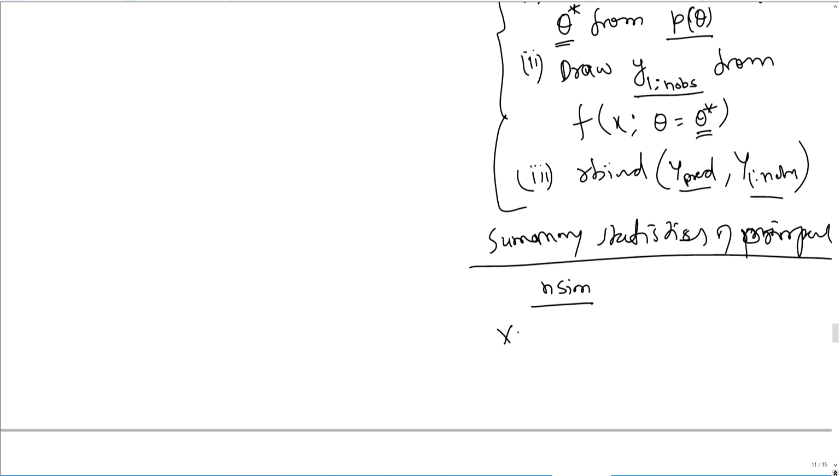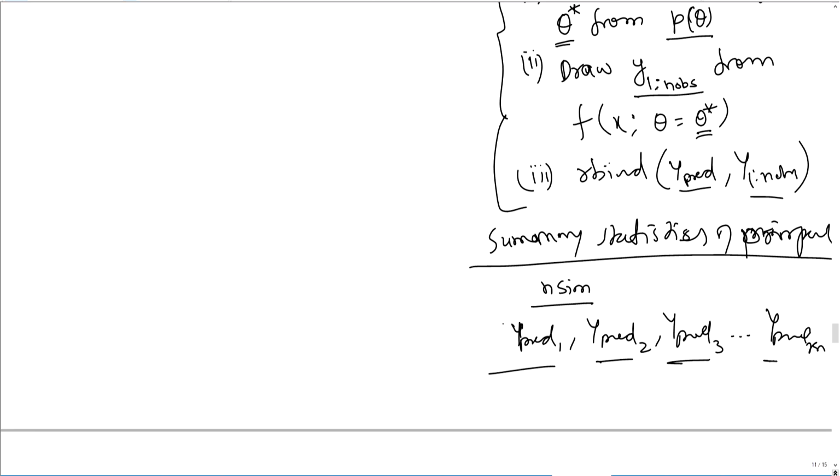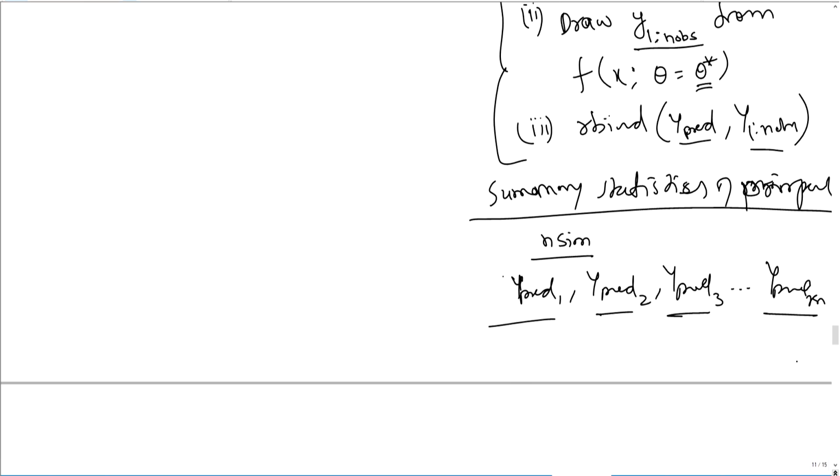Let us call them ypred1, ypred2, ypred3, up to ypred n sim. So you have these many prior predictive samples. For each prior predictive sample you can calculate its mean.